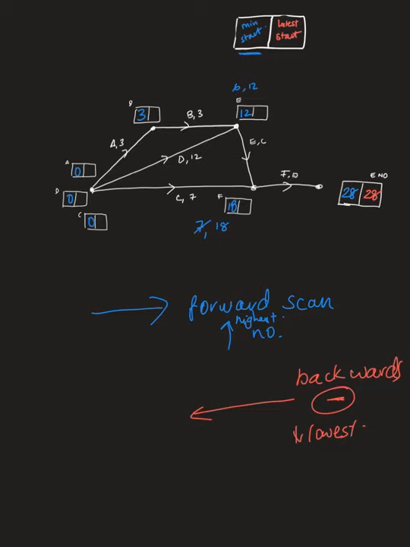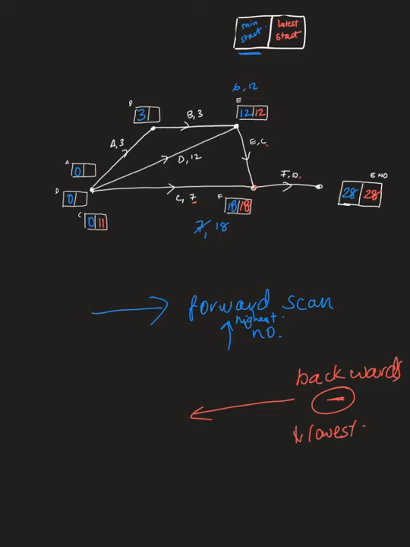So going backwards, this is where labeling your boxes is very handy. So 28 minus 10 for box F is 18. 18 minus 6 for box E is 12. So I'm at this vertex again, 18 minus 7 for box C is 11.